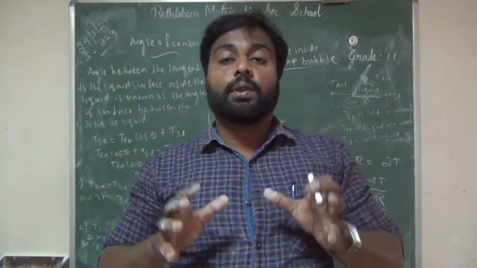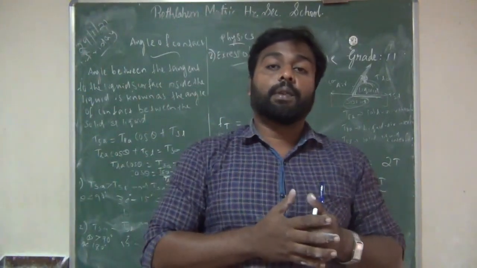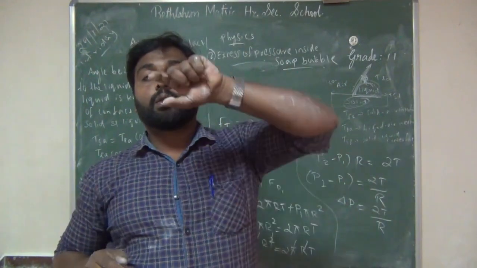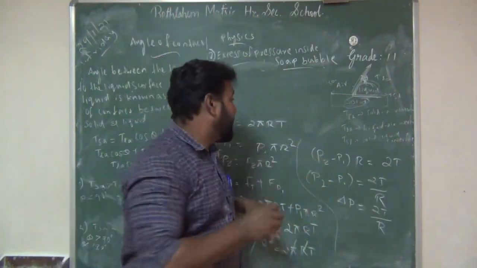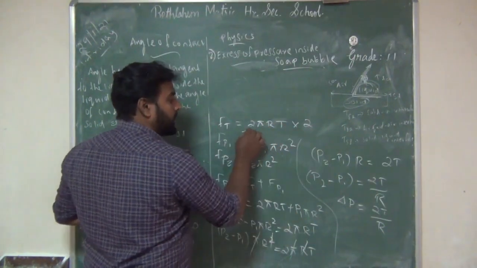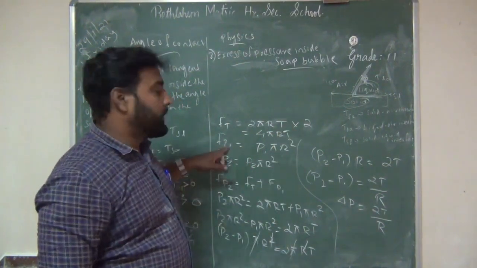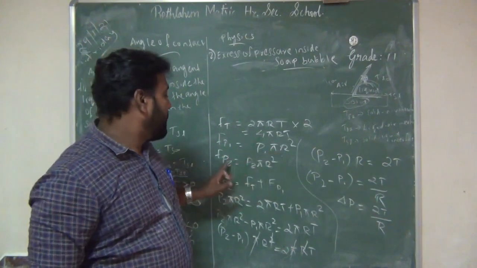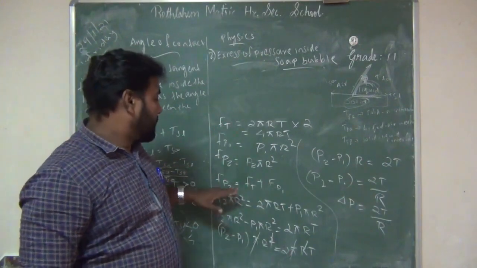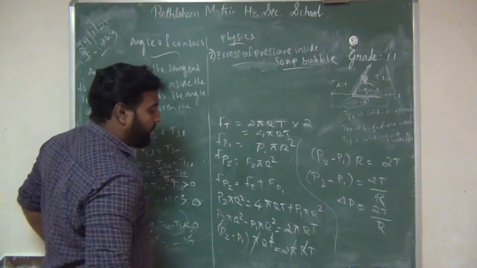Soap bubble means you know that inside, one air-liquid interface will be there, and outside also the same thing will be there. So for the two rims, the total rim we can take is 2 pi RT into 2, which is equal to 4 pi RT. And the outside pressure is P on pi r square, and the inside pressure is P2 pi r square.